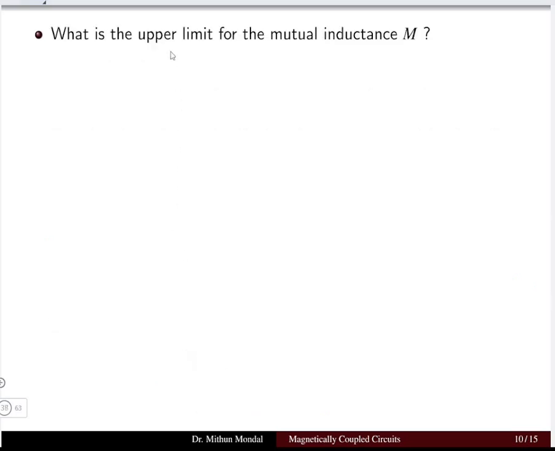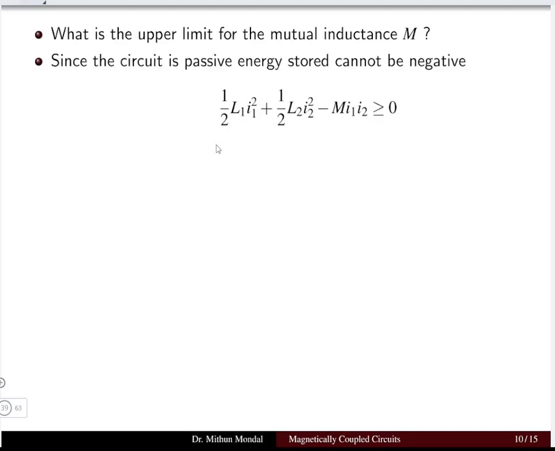Now the question is, what is the upper limit for the mutual inductance? We have to understand the upper limit by which the mutual inductance can be present in the two coils. We know that the circuit is passive in nature, so energy cannot be negative. The net sum of the energy has to be always greater than or equal to 0.